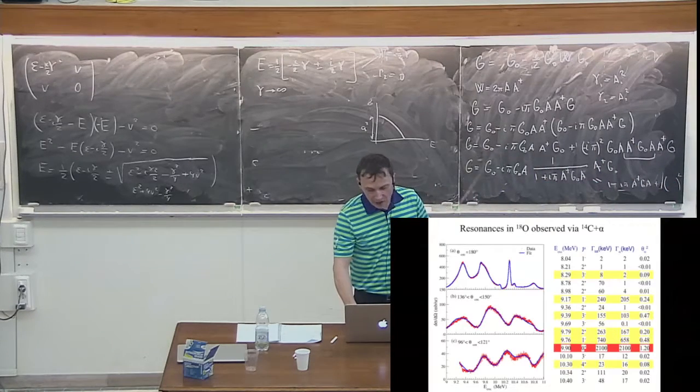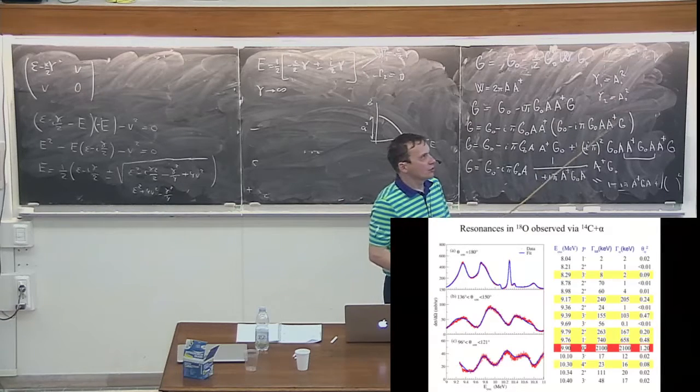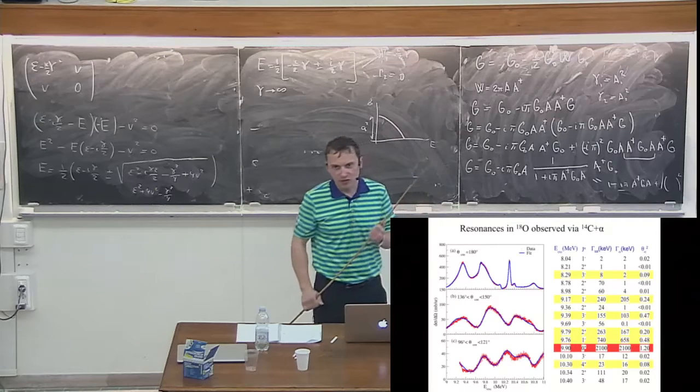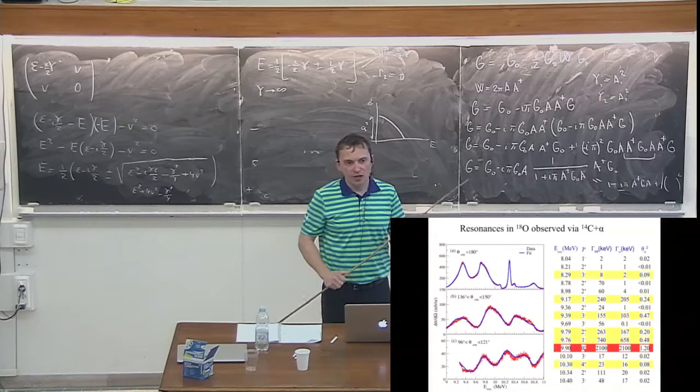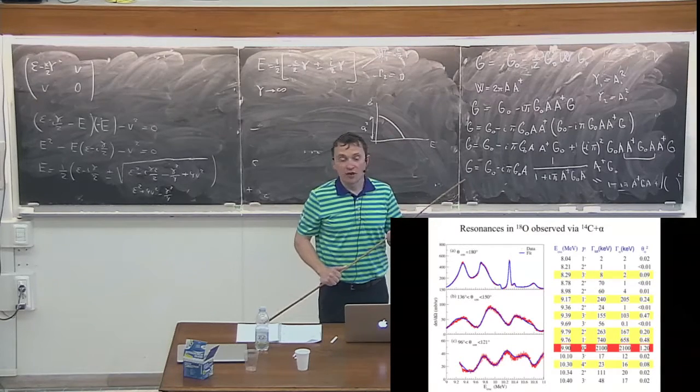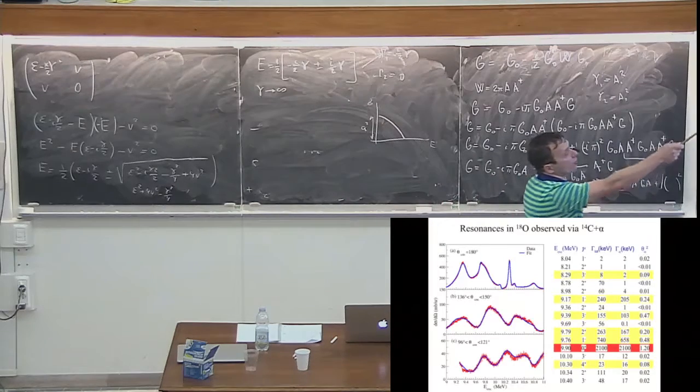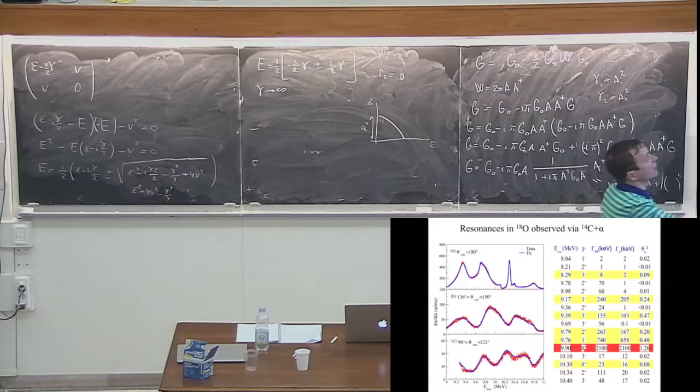All right, now in relation to this, there have been a lot of recent experiments related to alpha particles. What has been observed with alpha particles is some very broad states. This is an example of some very broad resonances observed in oxygen-18. Basically, this is the list of states, and these are what they call their reduced widths.